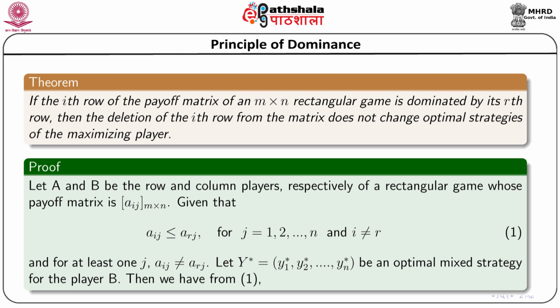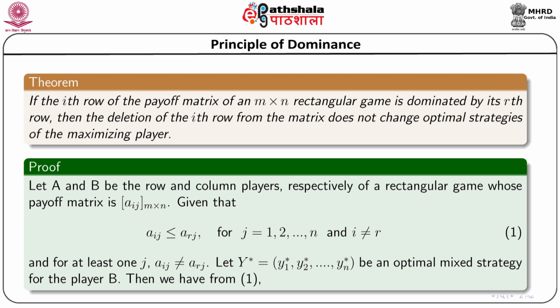For the proof of this theorem, let us suppose that A and B are the row and column players respectively of a rectangular game, whose pair matrix is Aij, m by n. We are given that Aij is less than or equal to Arj for j equal to 1 up to n, and i is not equal to r.